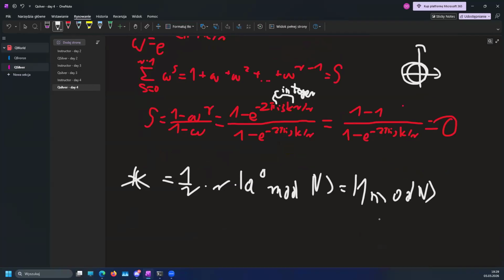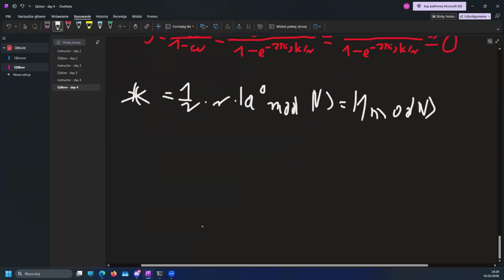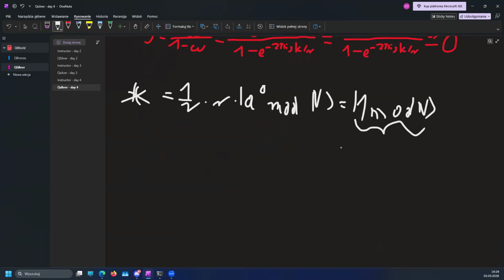which is easily prepared by starting all qubits in states 0, 0, 0, 0, and 1 at the end. Because we need to express this in binary, which will be 0, 0, 0, and so on, and 1.